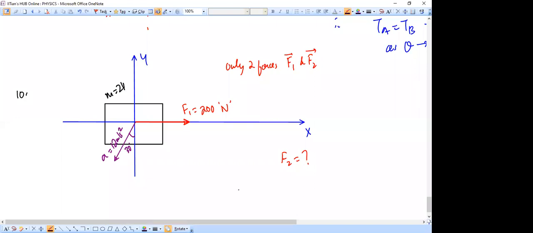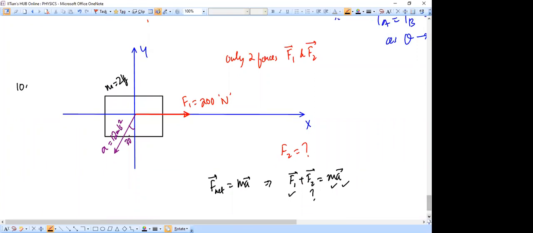So the concept we have to use here is that net force is equal to mass into acceleration. So net force here will be F1 plus F2 equal to mass into acceleration. Now see in this equation, F1 is known, mass is known, acceleration is known, and we have to find F2. So this is how you will solve.